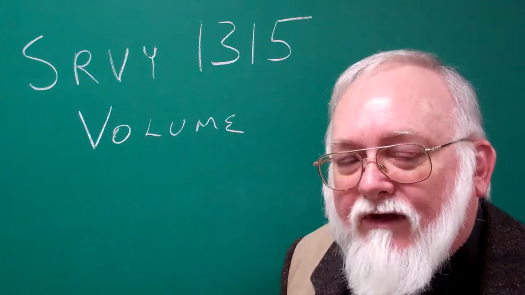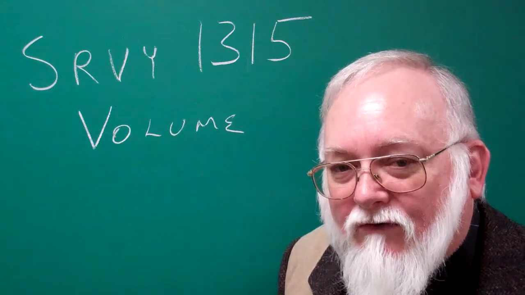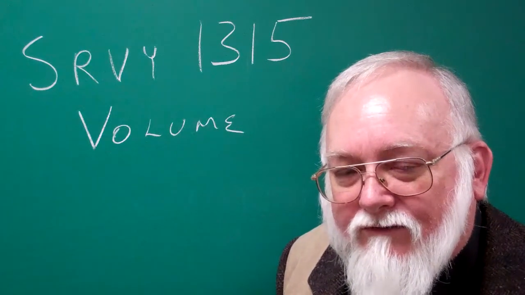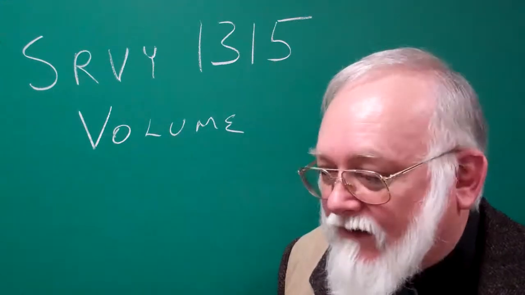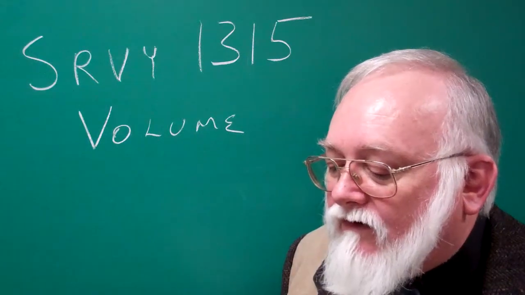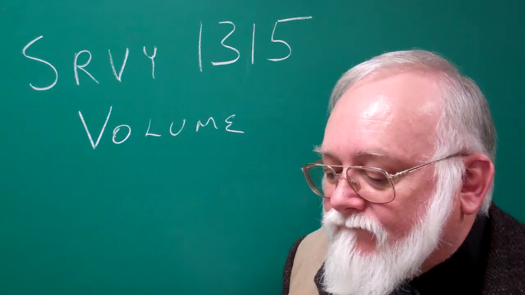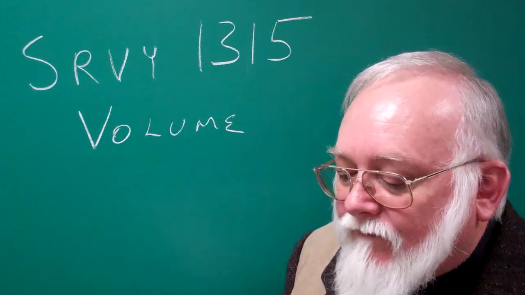Now, I put in the volume of a cylinder, because every once in a while you get called upon to measure something like a spherical tank. There aren't that many of them, but they do exist, and it's nothing to get excited about. It's a very simple formula.